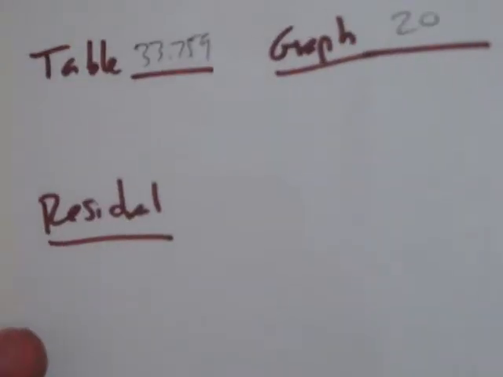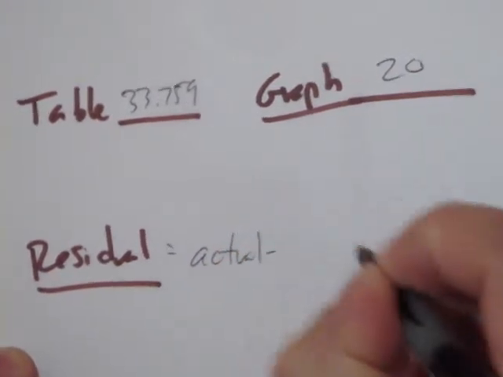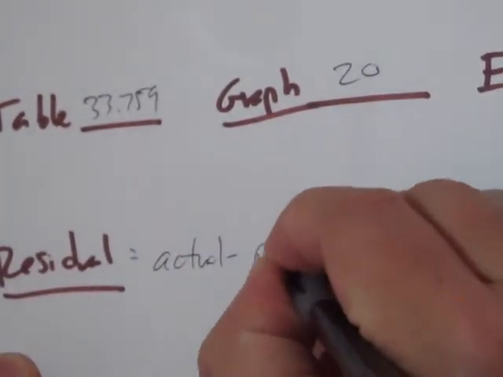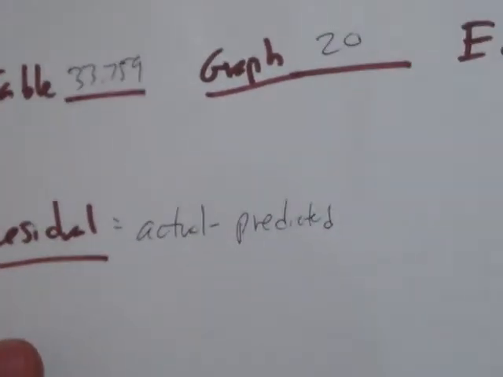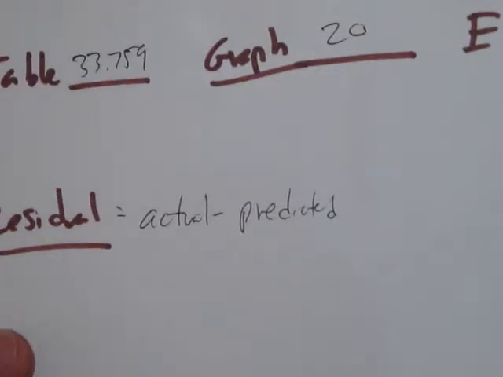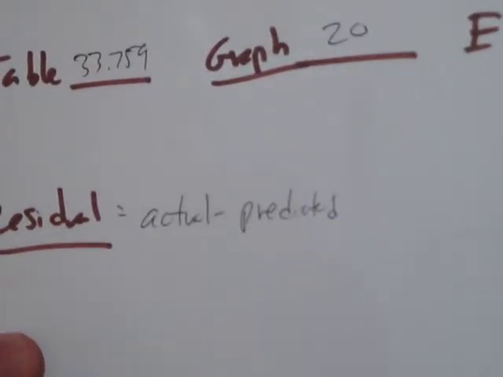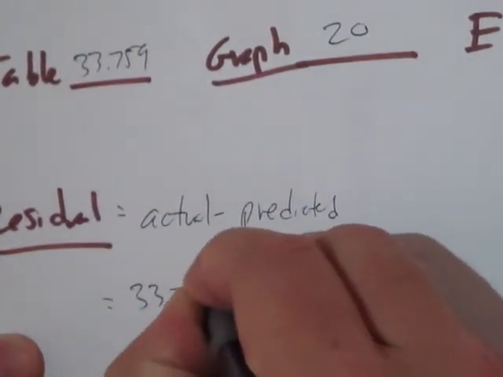And then they asked us to find the residual. Remember how the residual worked? The residual was the actual minus the predicted. Residuals, the last thing we talked about in the last chapter, in chapter 3 in 3.7. So actual minus predicted. Well, actual comes from the table, and it was the 33.759.